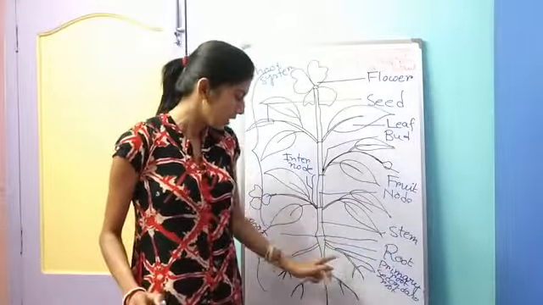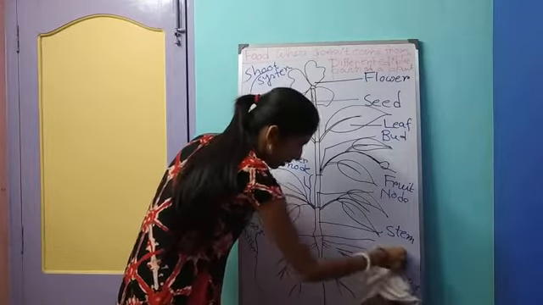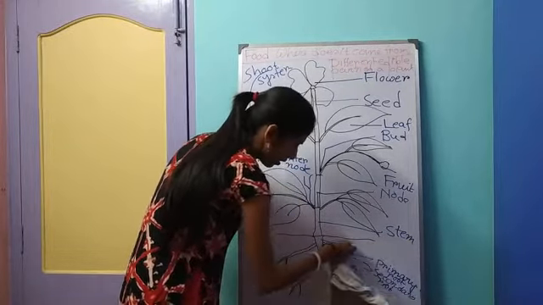Now you can mark it like that also, no need of writing root separately. Okay, just do that one. Mark this one as primary root and mark this one as secondary root.